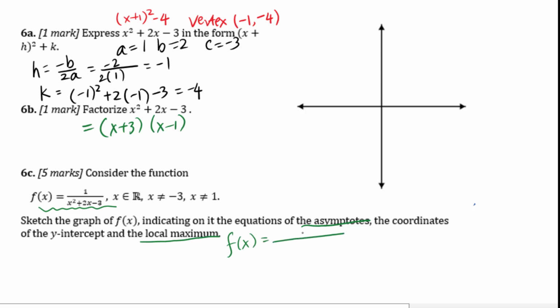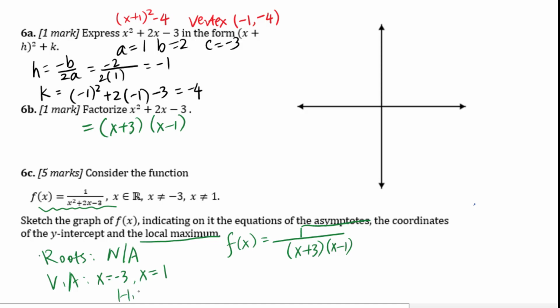We will factor, you will get 1 over (x plus 3) times (x minus 1). We need to draw the sign diagram before we sketch the graph. We need to figure out the roots. Since 1 cannot be 0, there is no root. For the vertical asymptote lines, x equals negative 3, x equals 1.